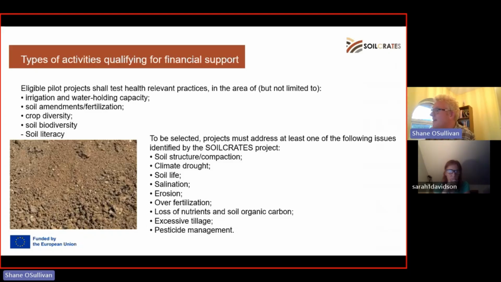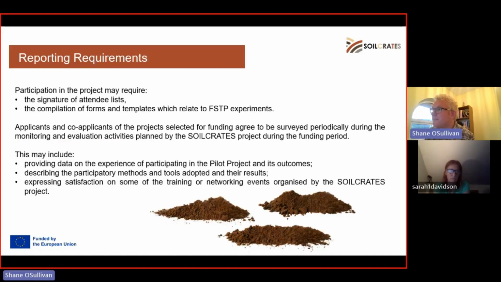Soil life, salination, erosion, over-fertilization, loss of nutrients and soil organic carbon, excessive tillage, and pesticide management. And you only have to focus on at least one of these areas. You can maybe look at more than one, but just one of these issues should form part of your grant.